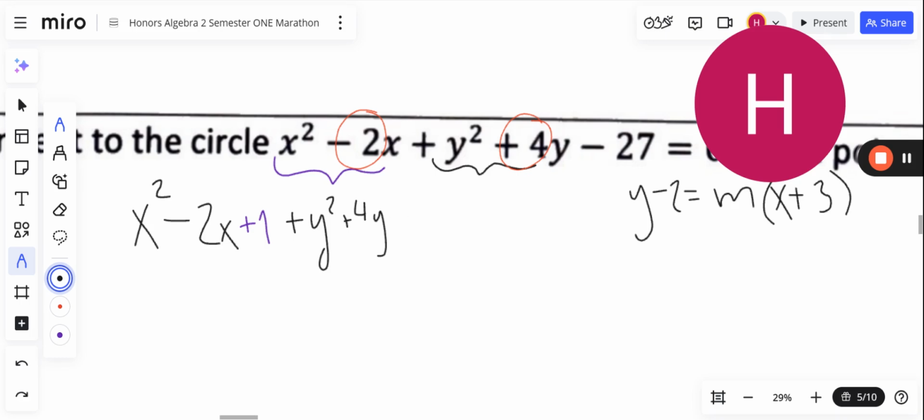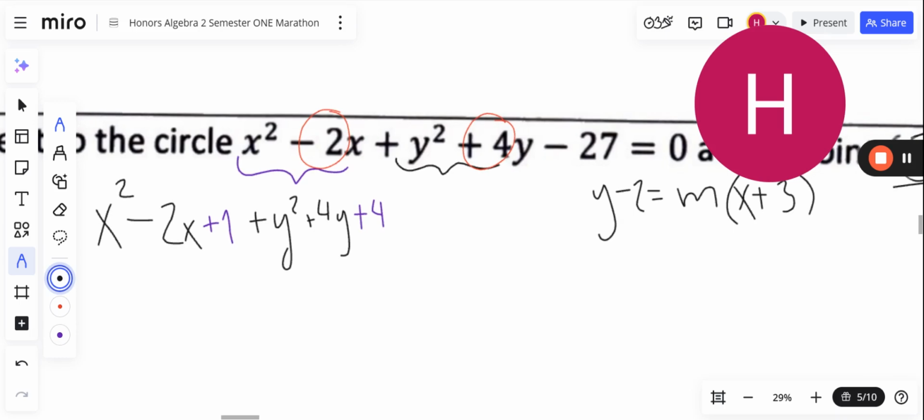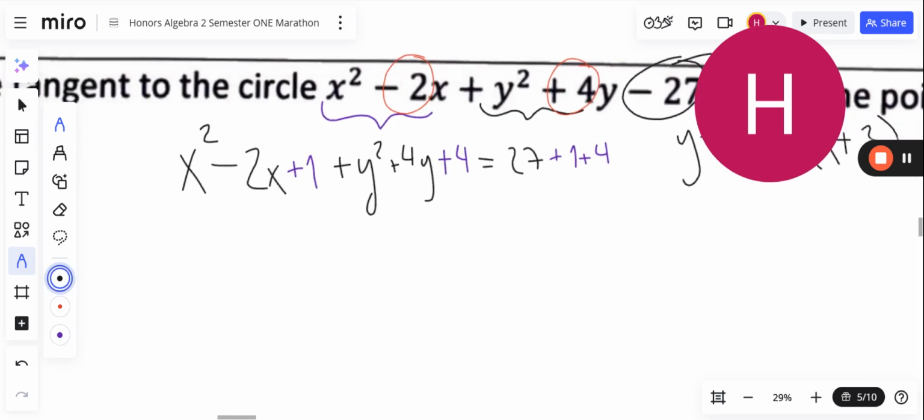Let me put that in purple just so we know what we're doing with that. We are artificially adding these numbers. And then let's move the 27 to the other side, so equals 27. We have to counterbalance the equation. We've added stuff to the left side that's not fair to the right side. And we've added this stuff so that we can make these perfect squares. Why do we make these perfect squares?